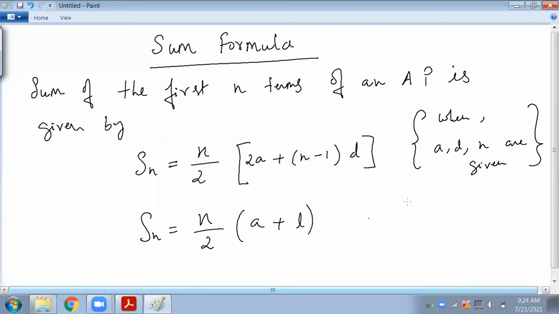Now this formula we use when a and l are given. We already know a is the first term, d is the common difference, n is the number of terms, and l represents the last term.